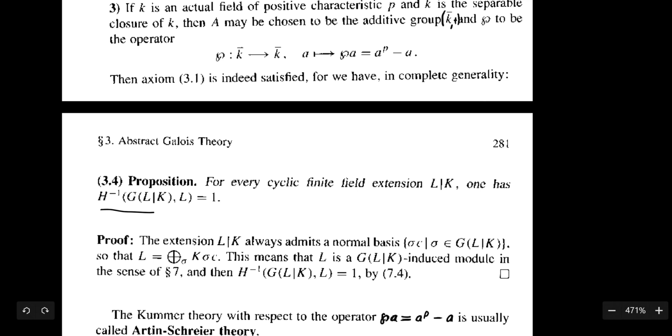Proposition: over a cyclic finite field extension, we already have this. The extension has a normal basis. This means that L is a geometrically induced module. Hence we have the trivial cohomology group.